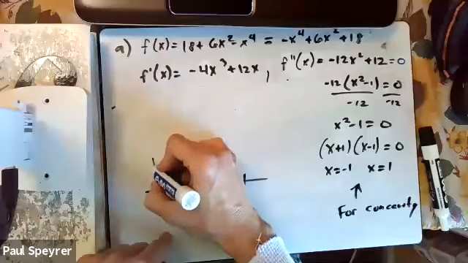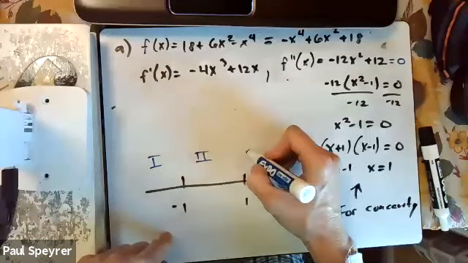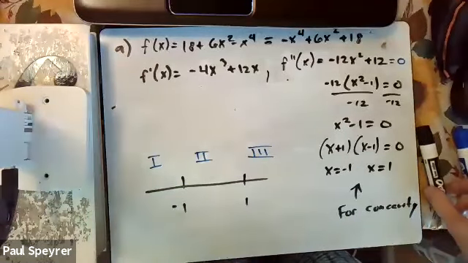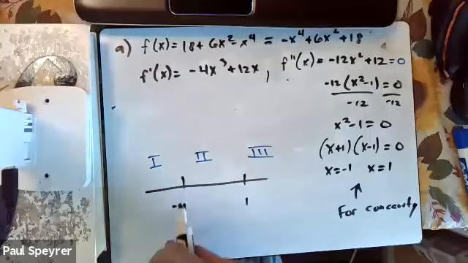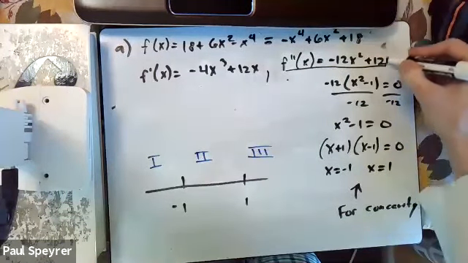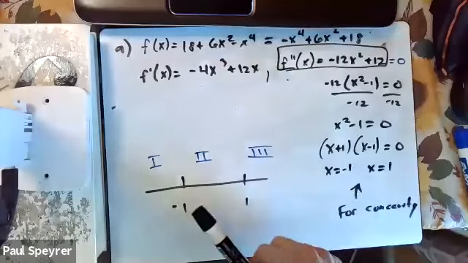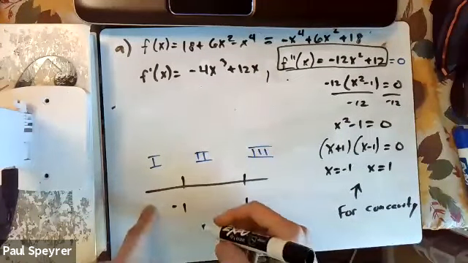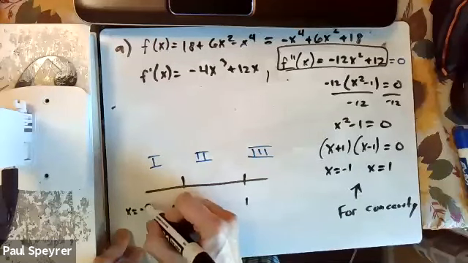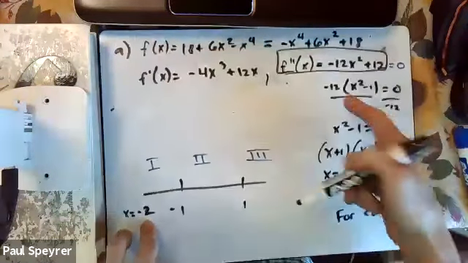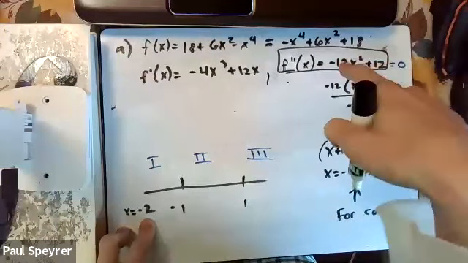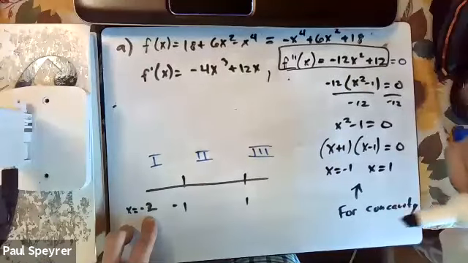So now we have 3 regions. Remember, this is our second derivative right here. All right, so if we test something in region 1, I'll test x equals negative 2, for example. If I plug it into the second derivative, what's the sign of that going to leave us with?